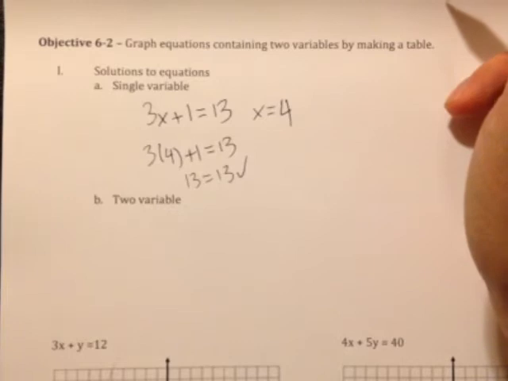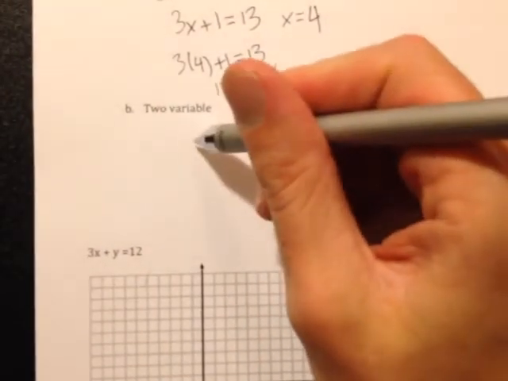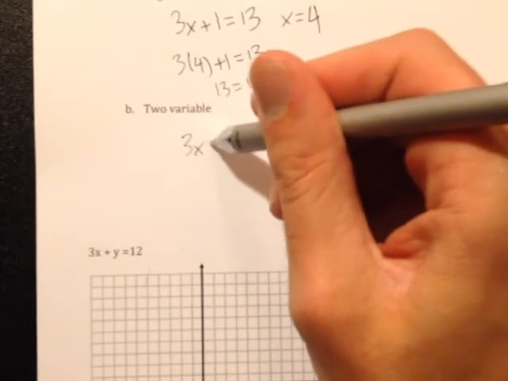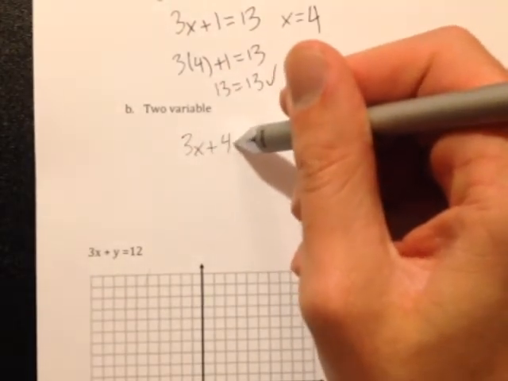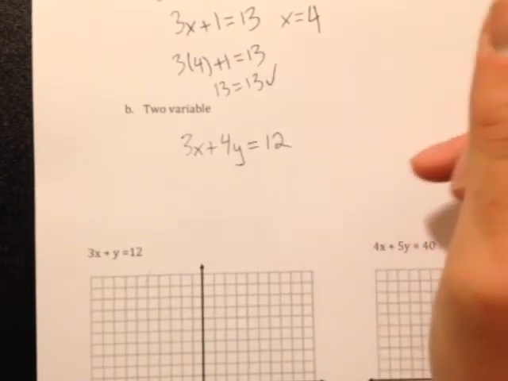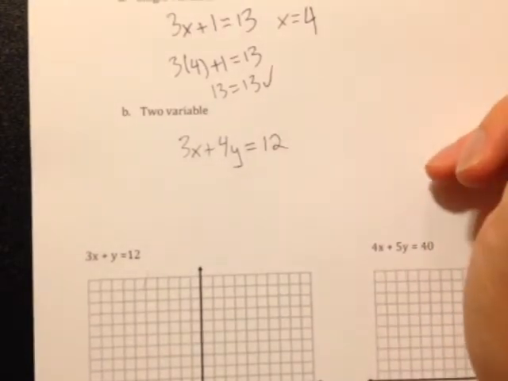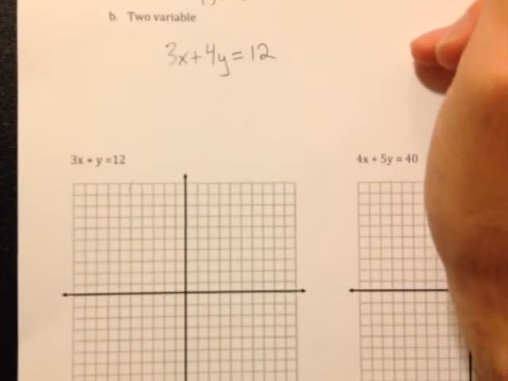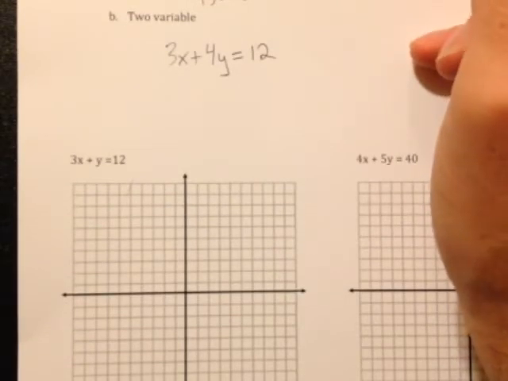Hooray. For two variable equations, we end up with an unusual situation. The situation is this: there is more than one set of x and y values that could be a solution to this particular equation.